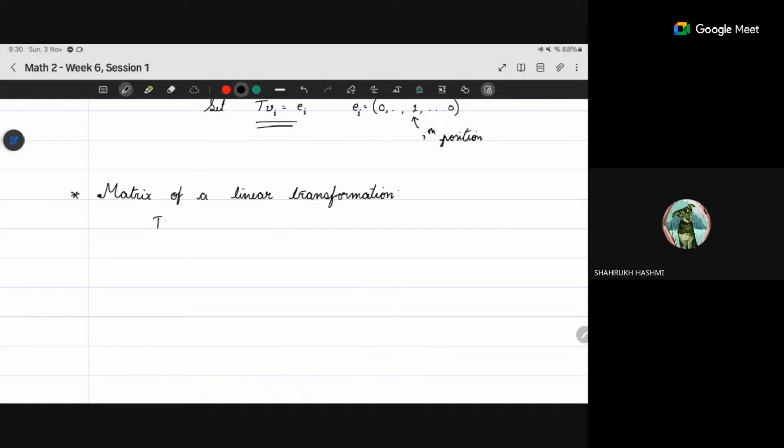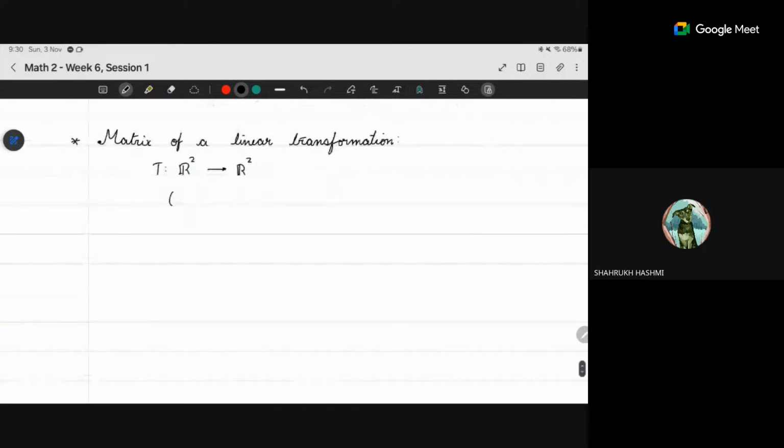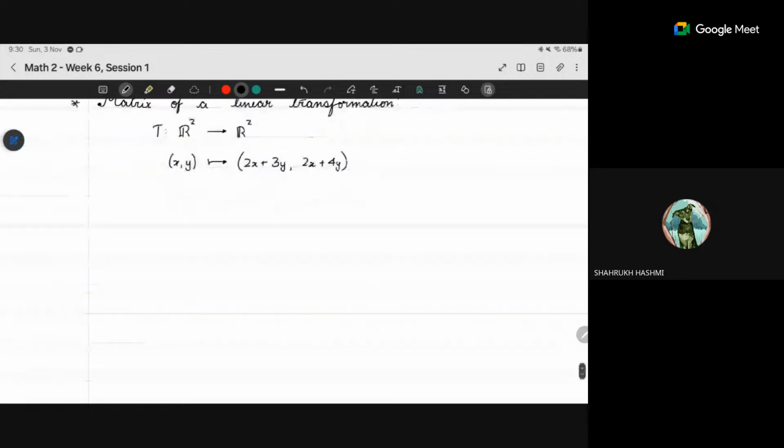Let's take, for example, the earlier R2 to R2. What was it? 2x plus 3y and 2x plus 4y, I think. Even if it was not the thing earlier, let's take this. So if you look at R2 as the space of column vectors with two coordinates in real numbers, I can write this vector 2x plus 3y, 2x plus 4y.